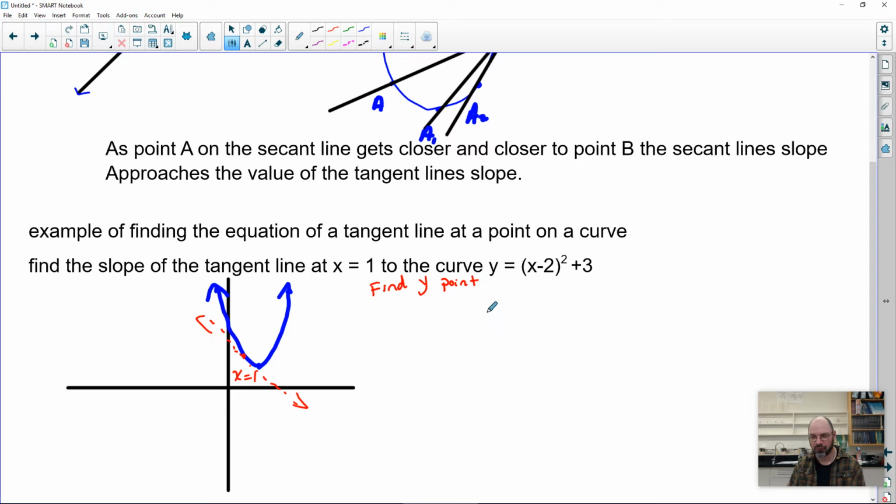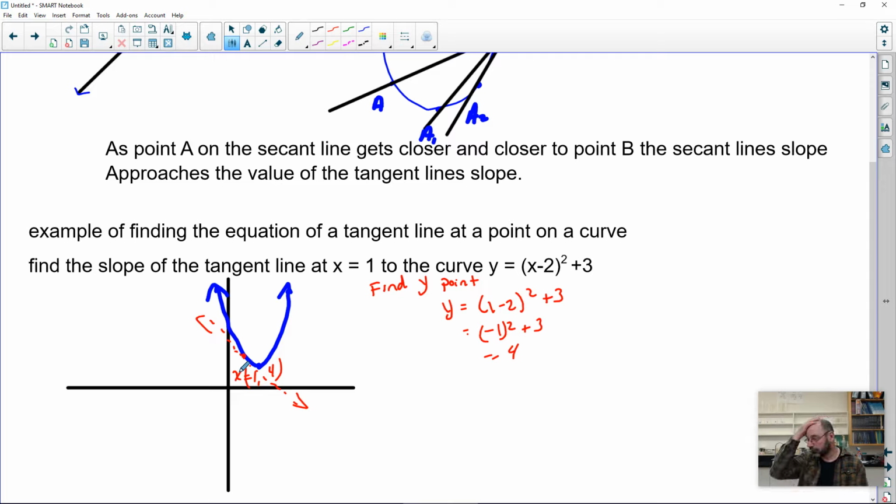So that would be y equals (1 minus 2) squared plus 3. This gives us -1 squared plus 3, which is 4. So we know that this is the point 1, 4. That's the point where our tangent line is going to touch.